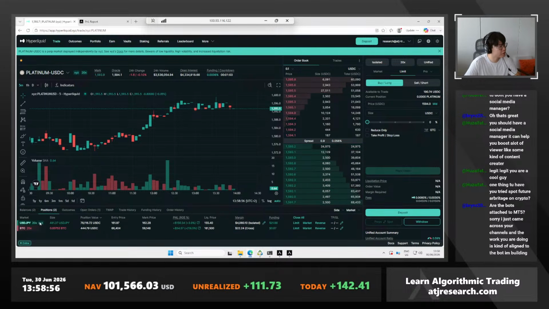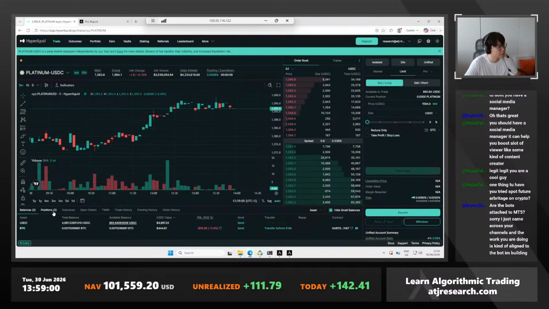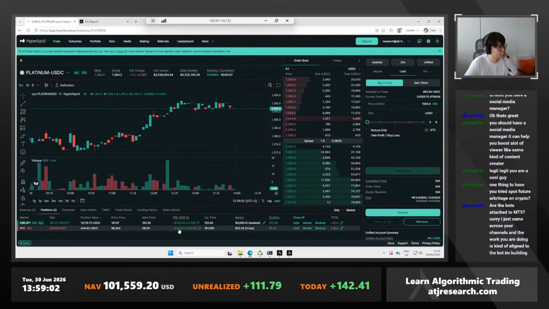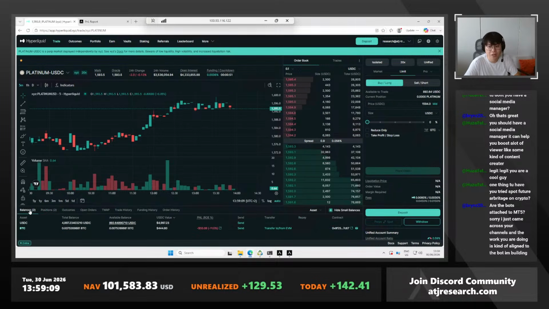And here I also have Bitcoin as a futures asset, right? So here you see that I'm -55. Here I'm +54.5, but I also made 67 US dollars in funding. So here I have like a spot future arbitrage. It's just a proof of concept that I wanted to show you guys a week ago. So this is also what I'm trading as an example.